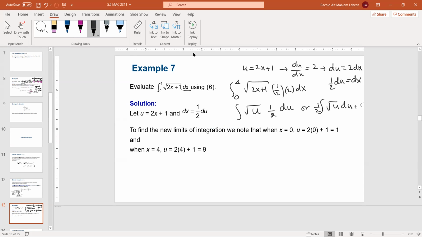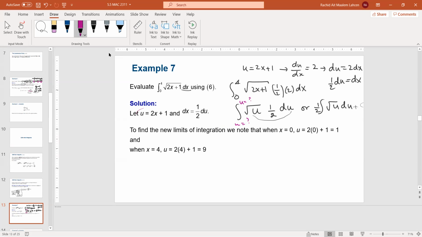But now if it's this definite integral, if I use 0 and 4 here, that's not going to be correct because this is x and this is x, and now the system is using u. So this needs to be transitioned. We need some u here as a lower limit and some u here as the upper limit.